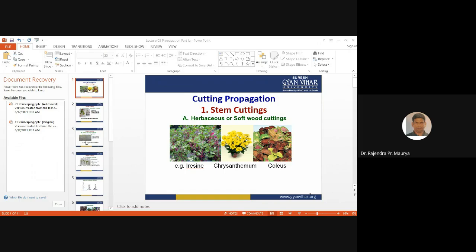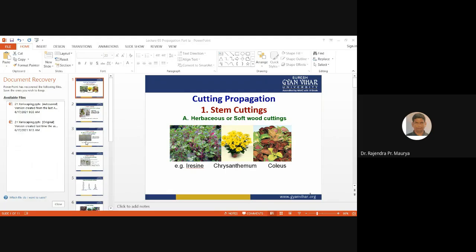The lower part of the cutting, on which we made the horizontal cut just below the bud, is treated with indole butyric acid, that is the auxin hormone. In these types of cuttings, good examples are jasmine, hydrangea, or quisqualis. Quisqualis is Rangoon creeper. These are the best examples.